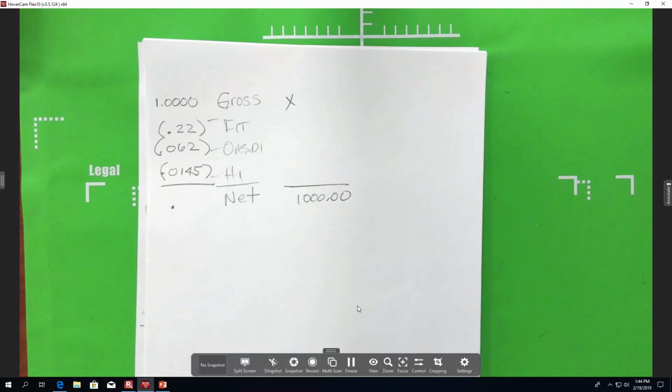In other words, what percentage of the gross is my net check going to be? Yeah, the net check is 70.35% of the gross.